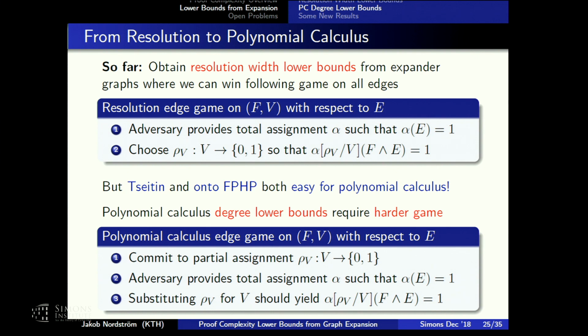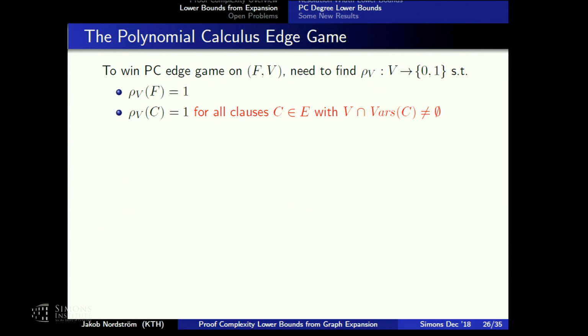So we're still going to play on an edge, F V, but we have to go first and say how we want to set the variables in V, and then the adversary sets the other variables. And now it becomes very hard to win on Tseitin, right? Because we have a parity of several variables, and I set the first, and then the adversary says, okay, I see, and sets the rest so that the parity is false. So now we can't win.